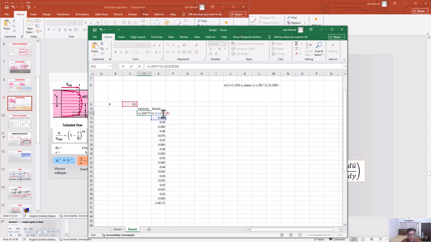Then we have the power: in the bracket I write 1 upon 6.189, close the bracket, and put another extra bracket outside the whole thing.